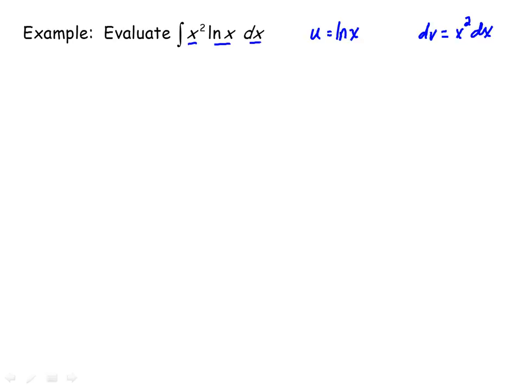So, do you remember the derivative of the natural log of x? 1 over x dx. And what is the antiderivative of x squared dx? Right? x to the third over 3, or 1/3 x to the third? Whatever.